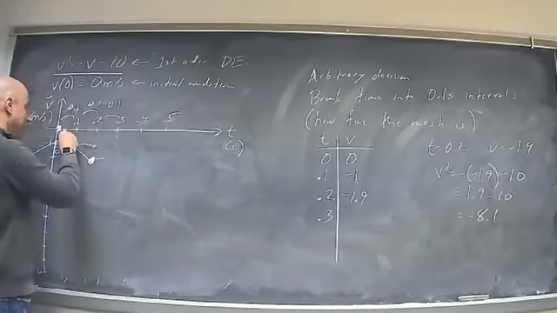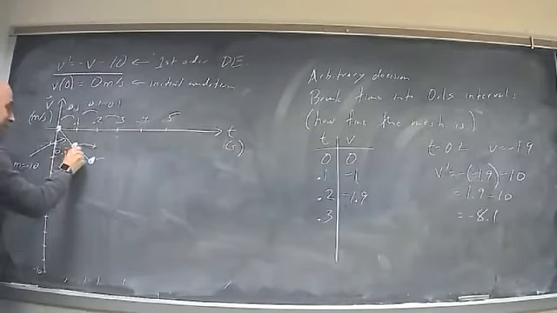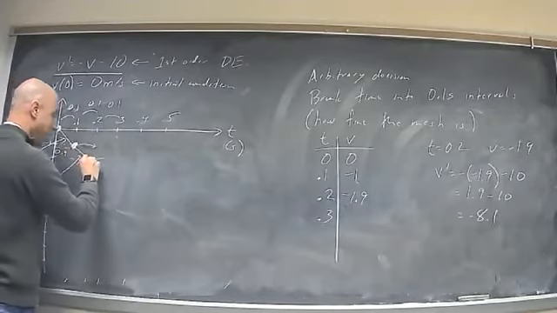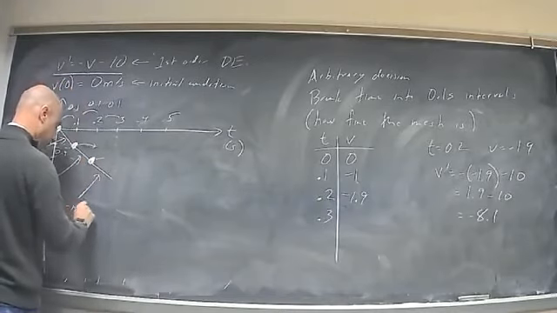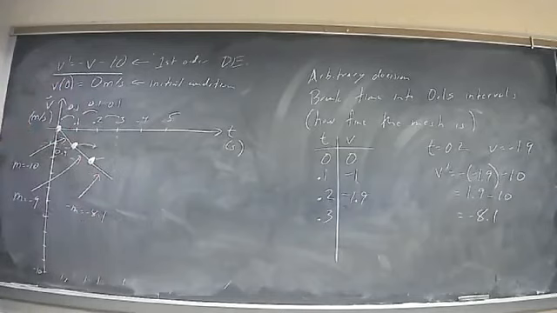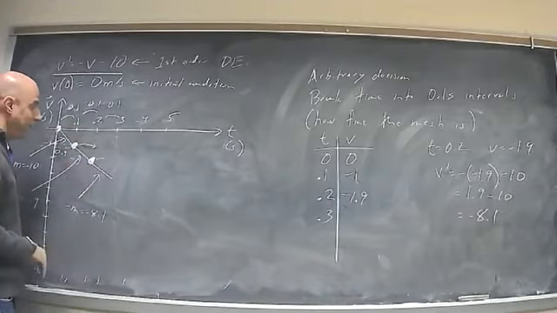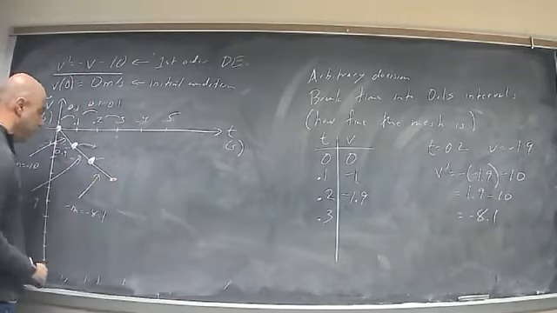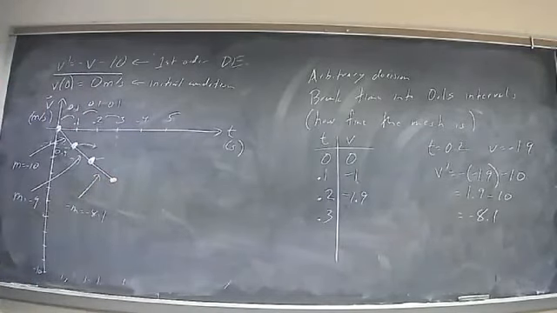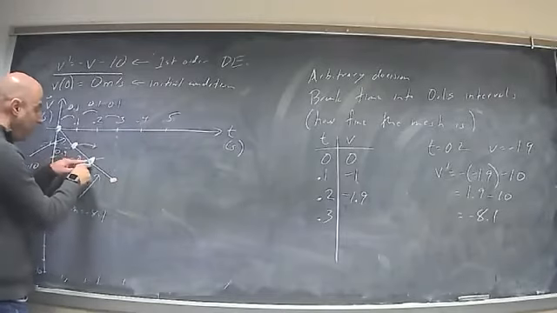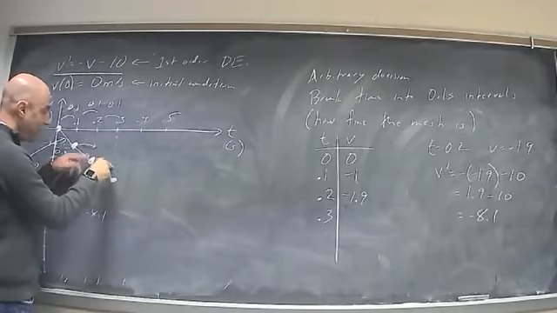So this first line had slope -10. This second line had slope -9. This third line has slope -8.1. Each of these lines is a little less steep than the one before it. If I move down the slope -8.1 for 1/10 of a unit, by how much do I drop?